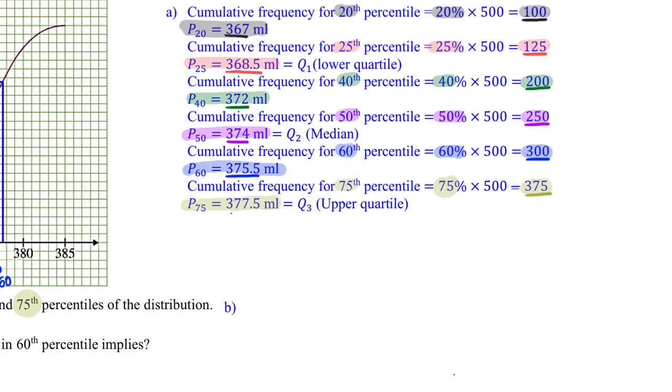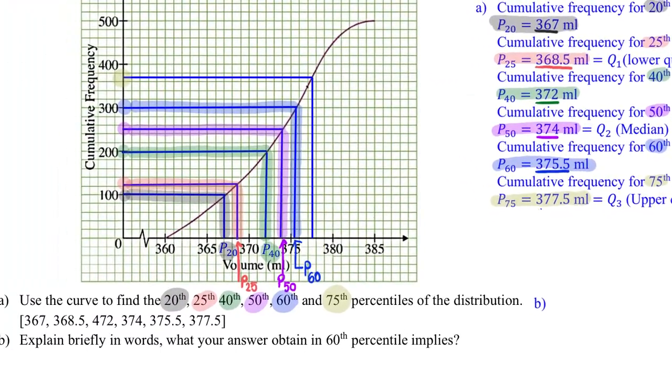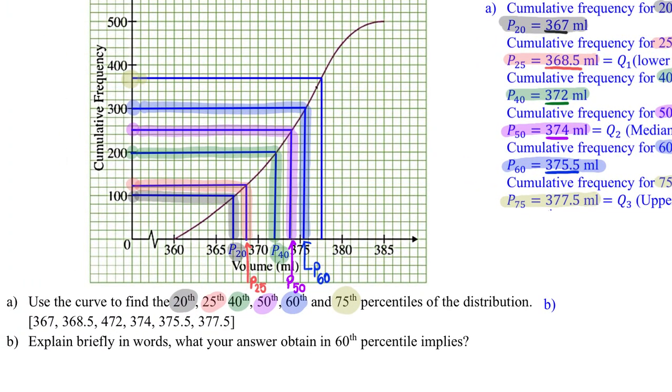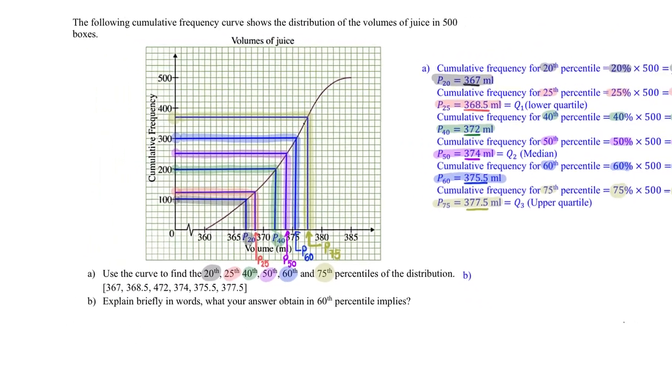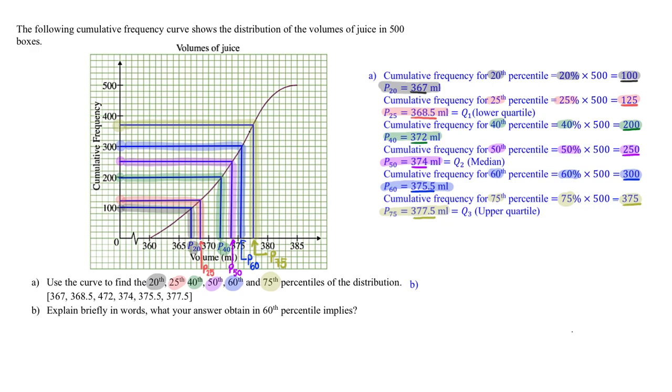And this is also my upper quartile, 375. That's not the answer. That is merely my position. And from here, then I will be able to get my 75th percentile, which is here. And that gives me 377.5 ml. Alright, and so we have successfully found all the required percentile for this particular question.